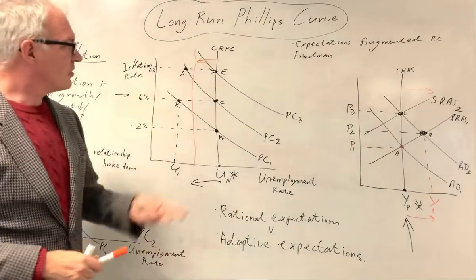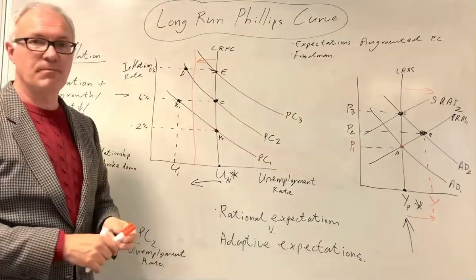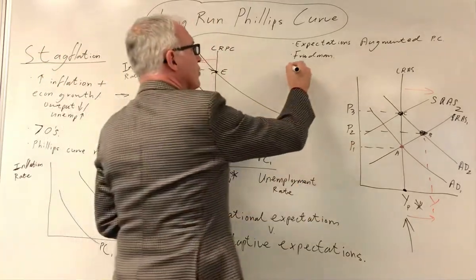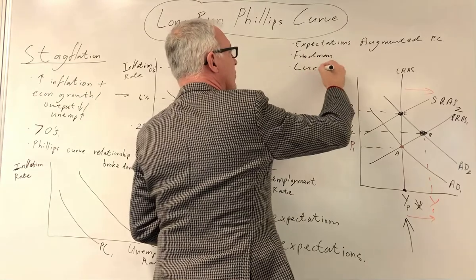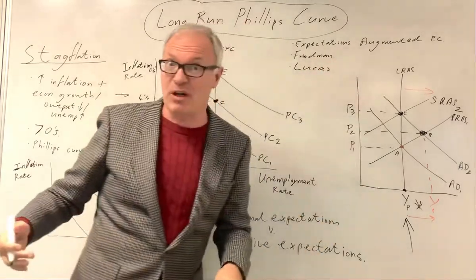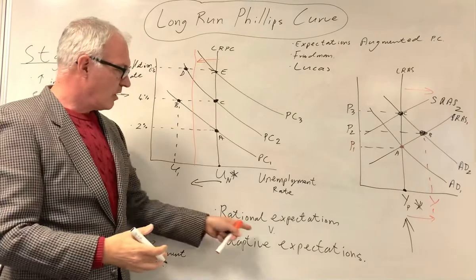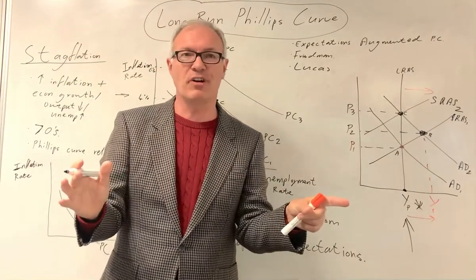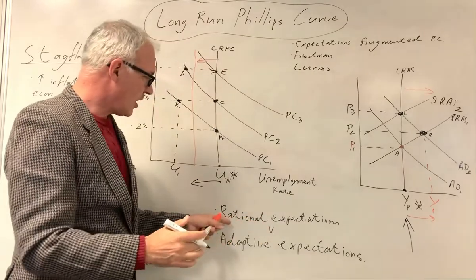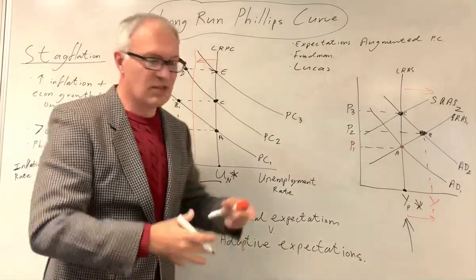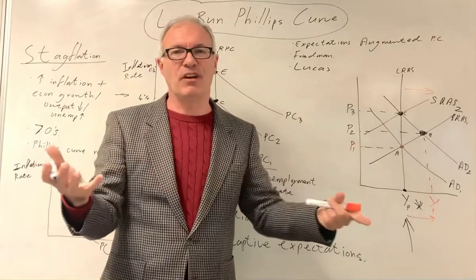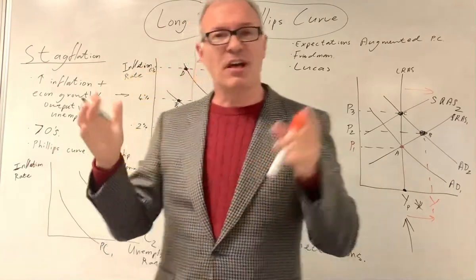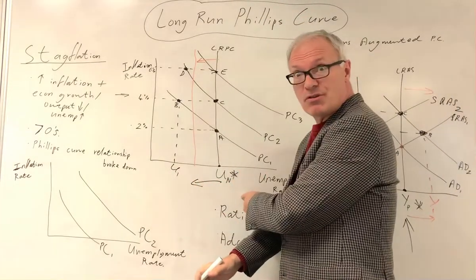So this is the key monetarist explanation. If you want to go yet more extreme, some monetarists, such as Professor Lucas, I think he also won a Nobel Prize, he argued that economic agents are always rational. There's no short-run trade-off, and as soon as there's an increase in the money supply and a reflation, that is priced into people's wage negotiations, and therefore there isn't even a short-run trade-off.